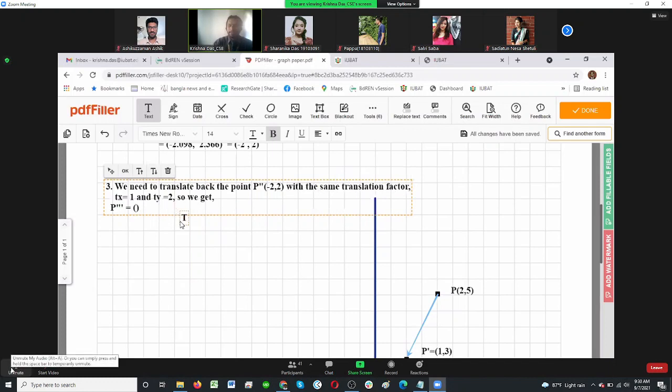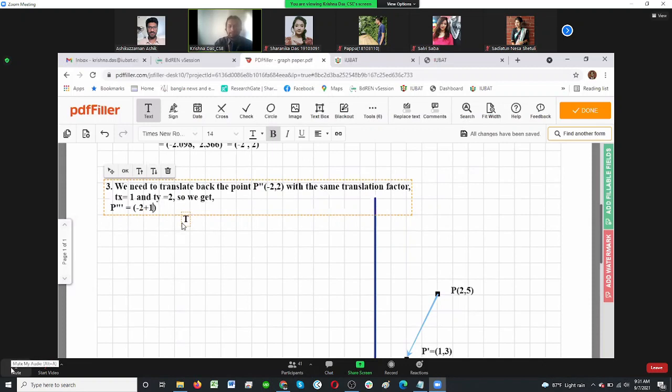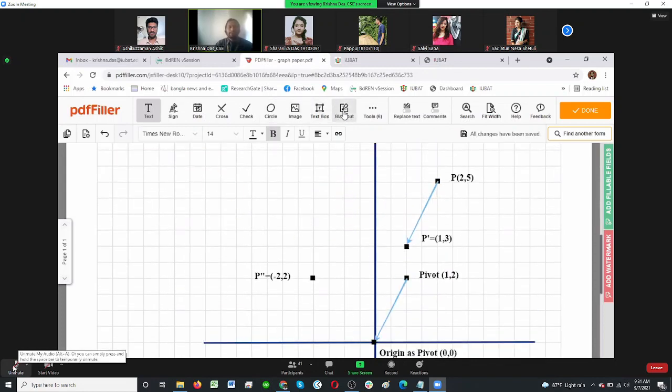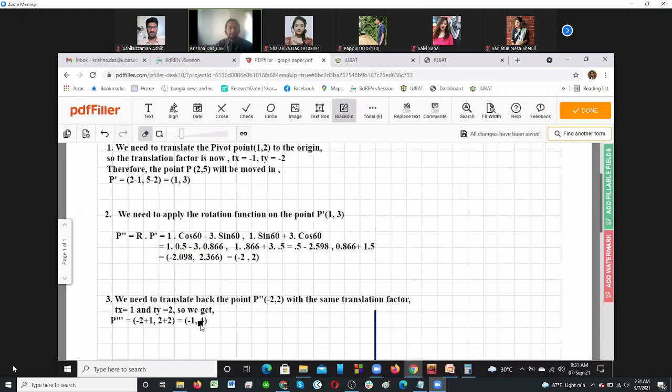So we get -2 plus 1 for the x coordinate, and the y coordinate is 2 plus 2. So what do we get? -1 and 4, right? This is our main point that we are looking for. The value is -1 and 4.